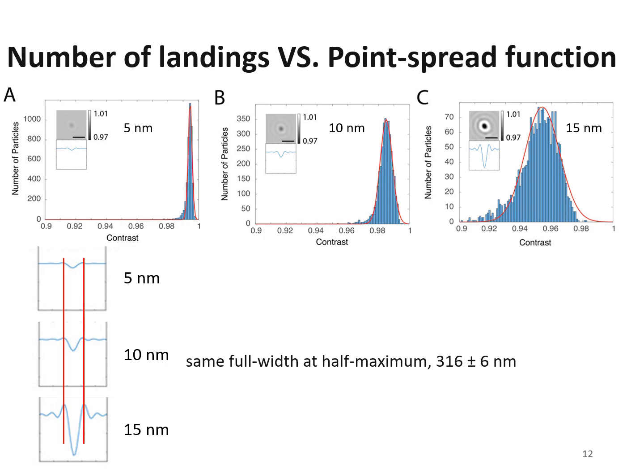After performing a two-dimensional Gaussian fit, the results show that the full width at half maximum is 316 plus or minus 6 nanometers, making it hard to directly determine the size of the particles from the images.